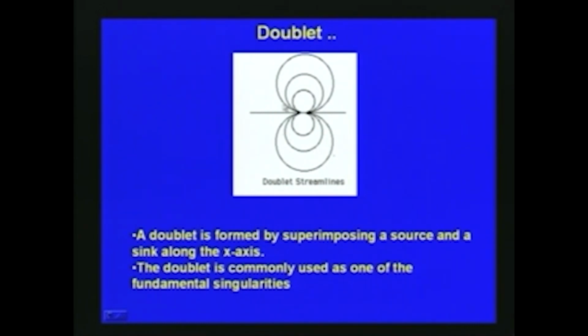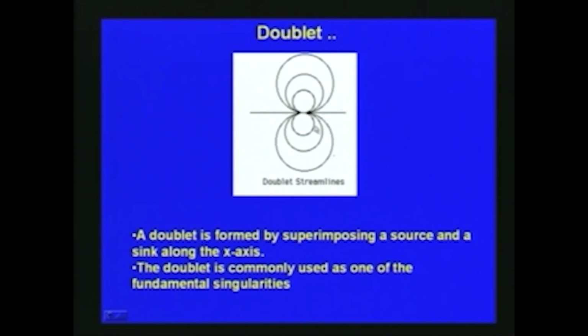You can see that both the source and sink approach the origin, so that the doublet streamlines are plotted like this. Finally, we can say that a doublet is formed by superimposing a source and a sink along the x axis like this, and the doublet is commonly used as one of the fundamental singularities.